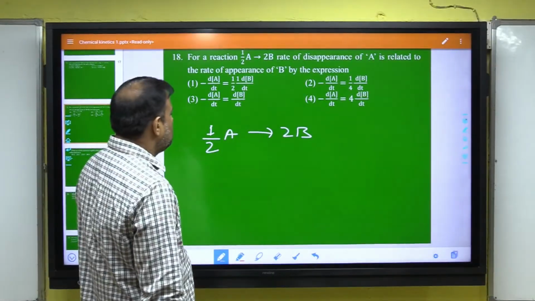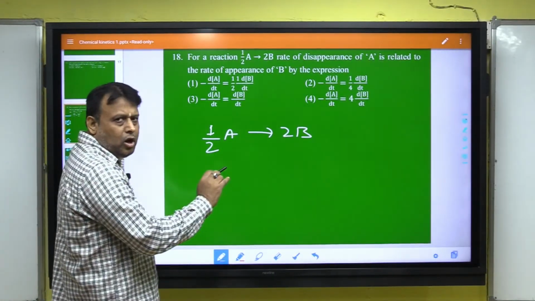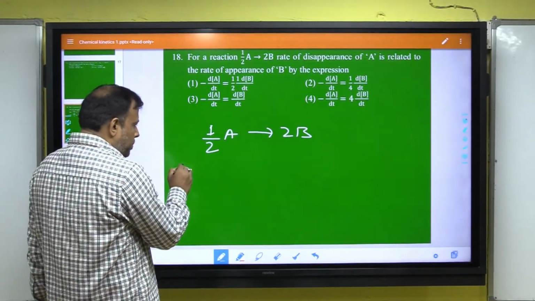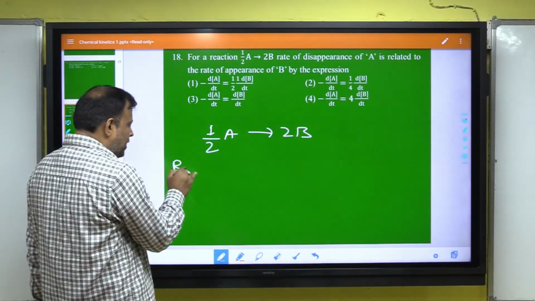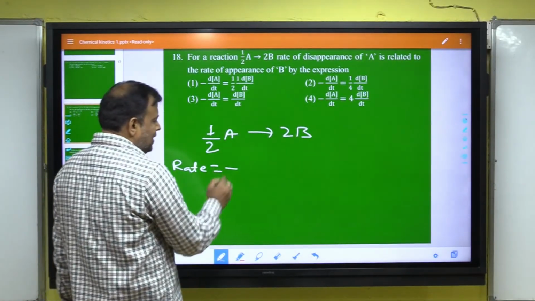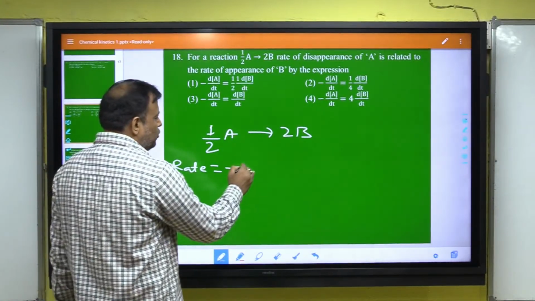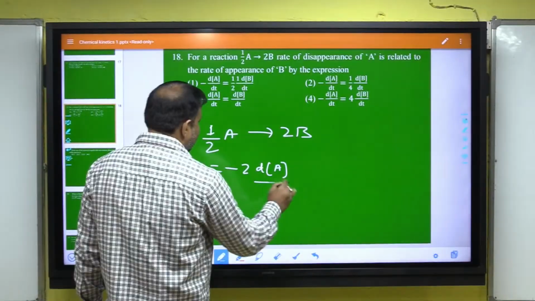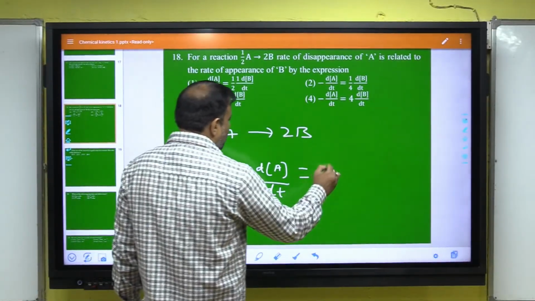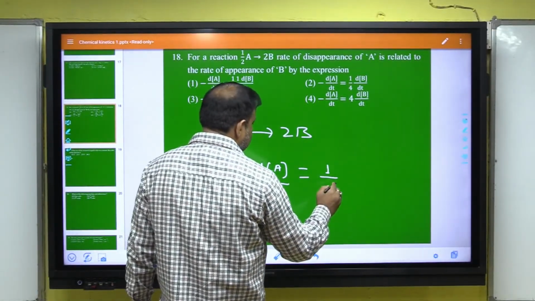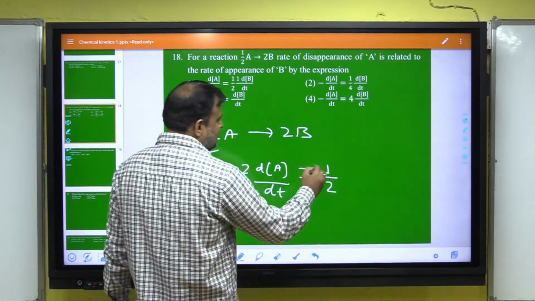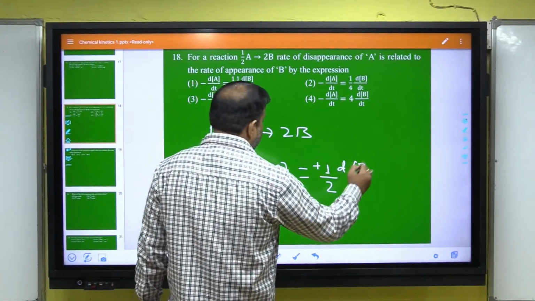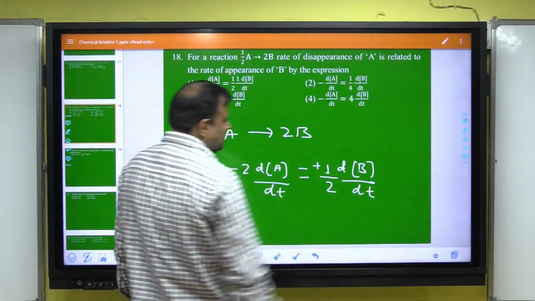Look at board. When rate law, rate of the reaction is equal to minus 1 by 1 by 2, that means 2 D conc A by dt is equal to 1 by 2 plus D conc B by dt. Yes or no?